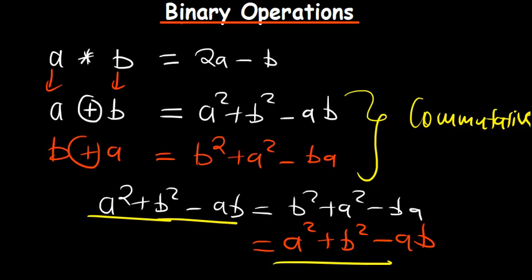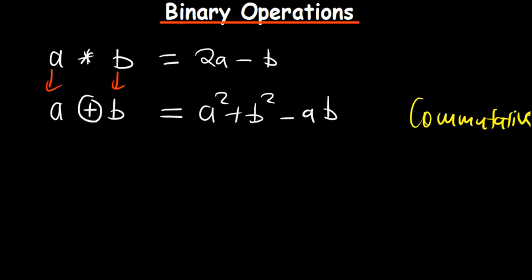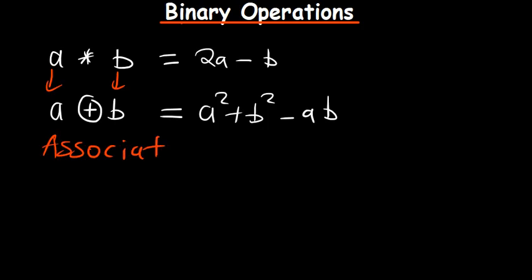Now the other concept that's also essential is the concept of associativeness. So what should we know about associativeness? Associativeness focuses on the idea of you dealing with 3. If you're going to have A star B star C, does it matter what you really start with?